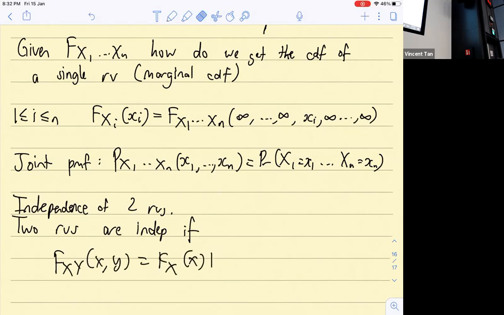F_{X,Y}(x, y) = F_X(x) F_Y(y) for all x, y in R. So the joint CDF factors.